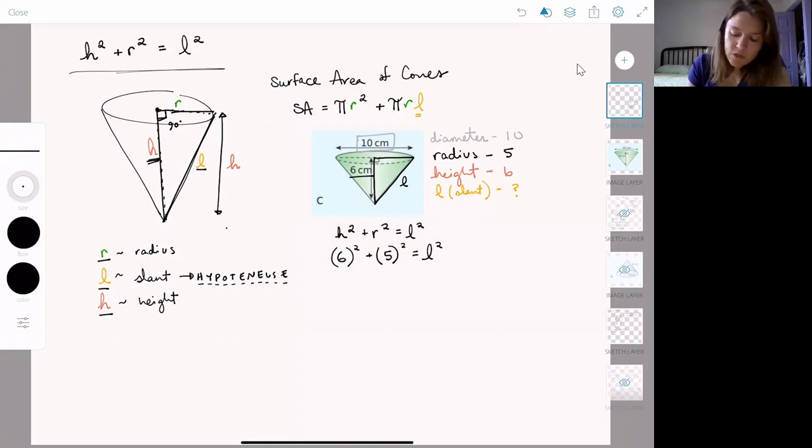So first thing that I want to do is simplify. 6 squared is 36. 5 squared is 25. Add these together. 6 plus 5 is 11. 1, carry the 1. 3 plus 2 is 5. 61 equals L squared.